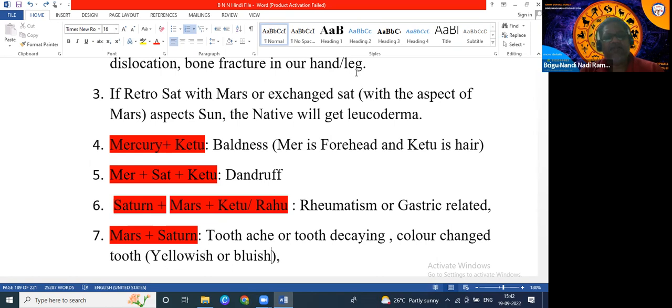We have already discussed the Karakatwas. Saturn is actually a gastric, rheumatic planet, and Rahu is a gastric planet. So if Saturn and Rahu are together, the native will get rheumatic and gastric problems. Or if Saturn is connected with Mars and Ketu, its enemies, then also the native will get rheumatic and gastric problems.